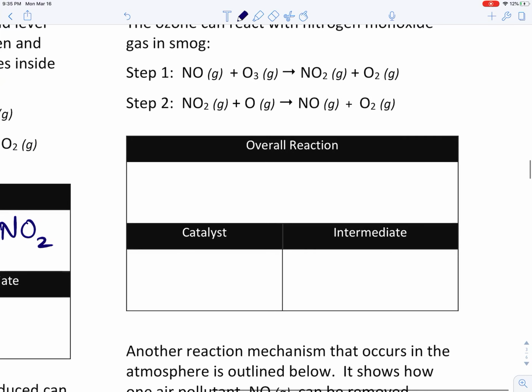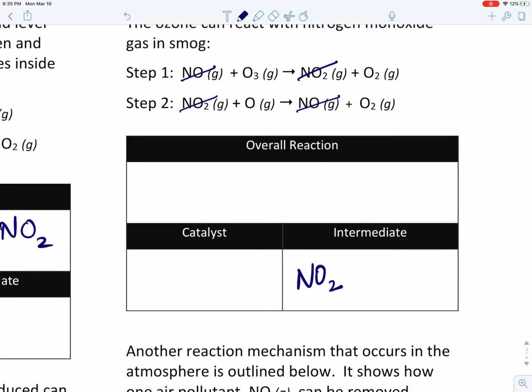Here's a third example. In this case, we can see the NO2 in step 1 is produced, and then it's used up as a reactant in step 2. So NO2 is an intermediate. We can also see here that the NO in step 1 is a reactant, but then it's a product in step 2.